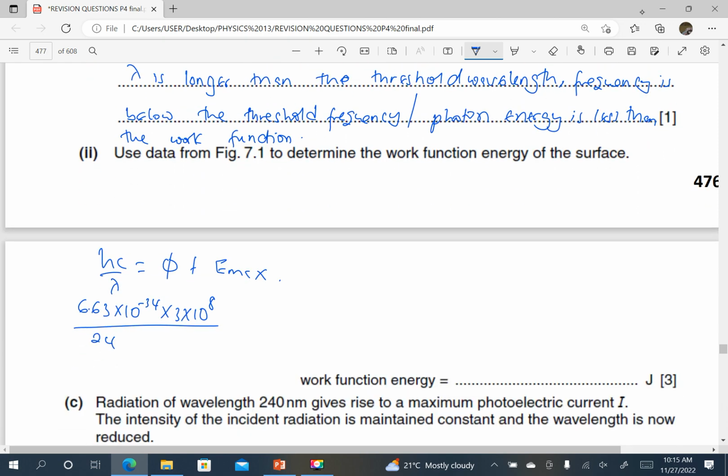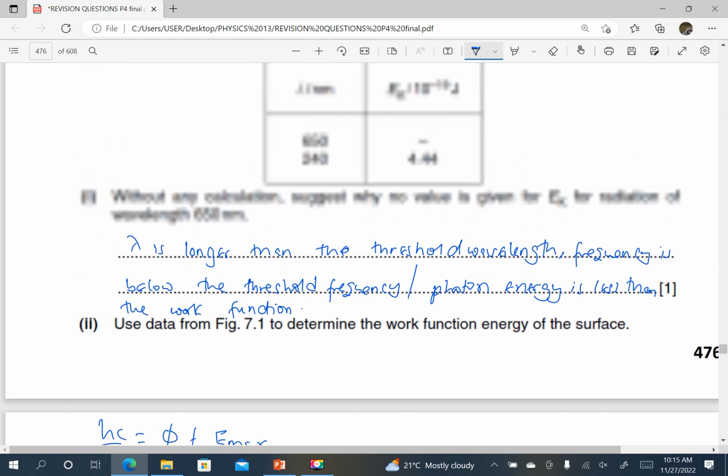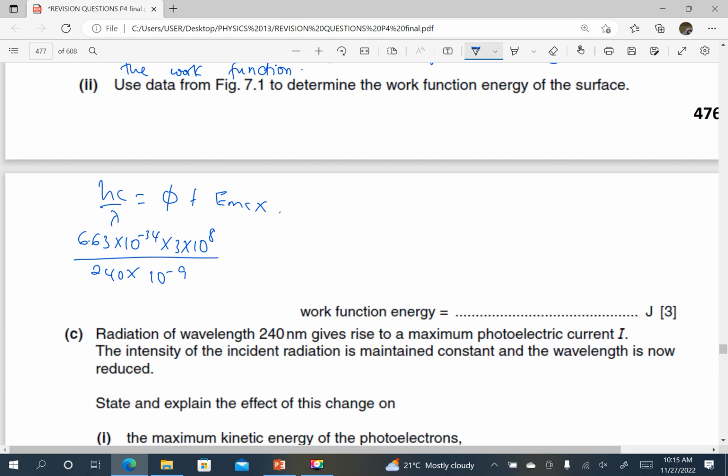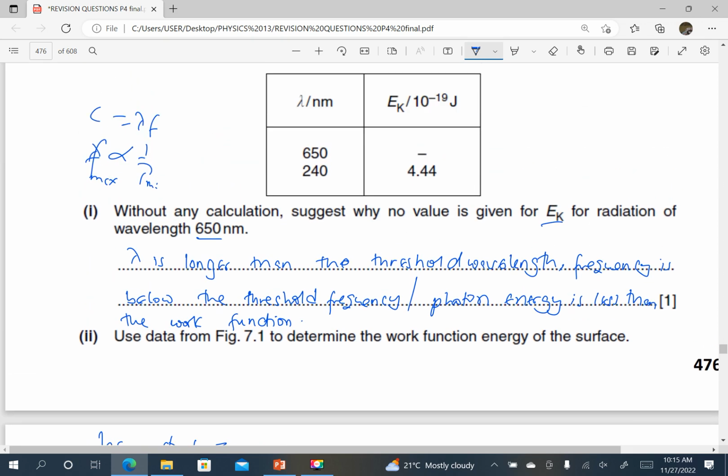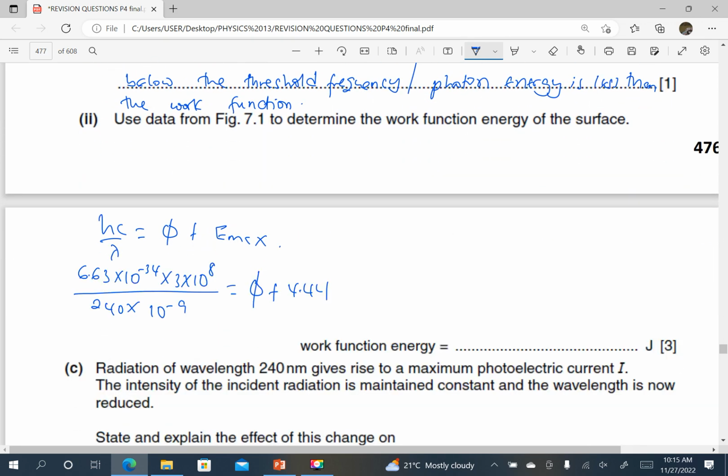So that is 240 times 10 power negative 9, because it's given in nanometers. Then this should be equal to the work function phi plus the maximum kinetic energy, which is 4.44 times 10 power negative 19 joules. So I make phi the subject, divide on the left, subtract 4.44, and find the answer.